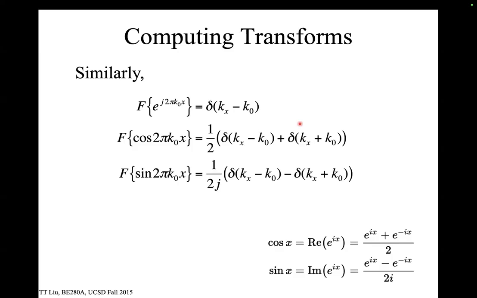And the reason is, if you look at the cosine function, you really can't tell whether the function is going in the positive direction or the negative direction. There's no way to determine. If I'm sitting at a point watching a cosine function go up and down, I don't know whether that wave is traveling to the left or to the right. It's just going to be producing the same signal.